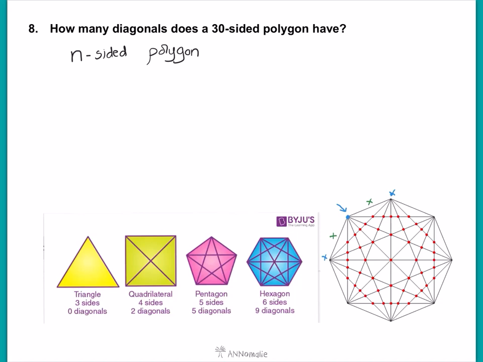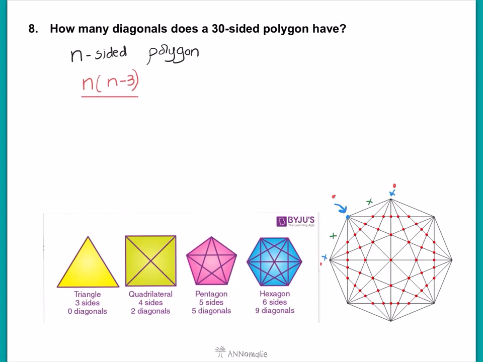And we cannot construct a diagonal to the current vertex itself, in other words, the vertex that we are currently counting diagonals from. So for the first position, we've got n vertices. We can only construct n minus 3 diagonals. Leave this one, leave that one, and leave that one. That's the counting principle.